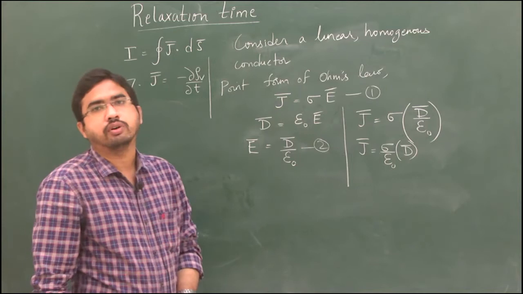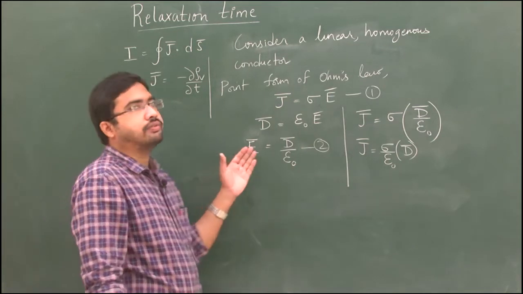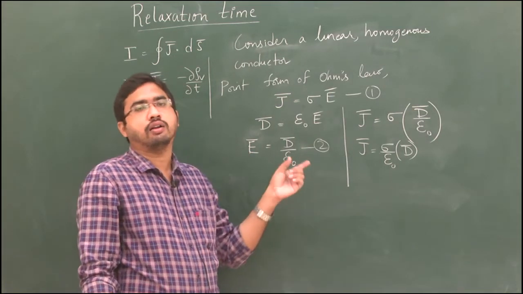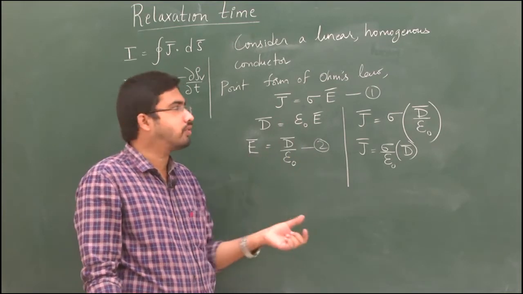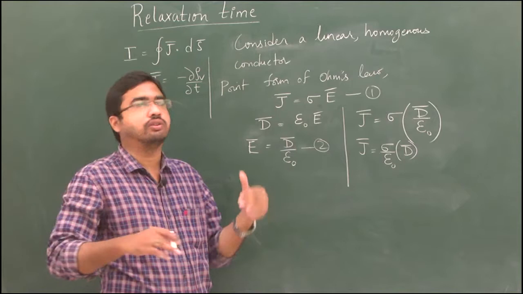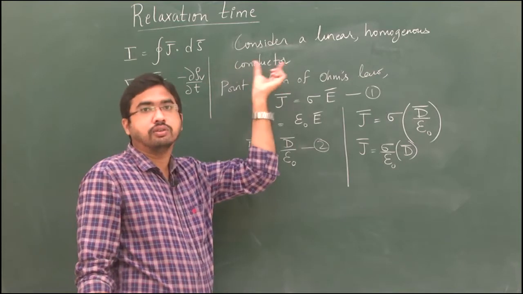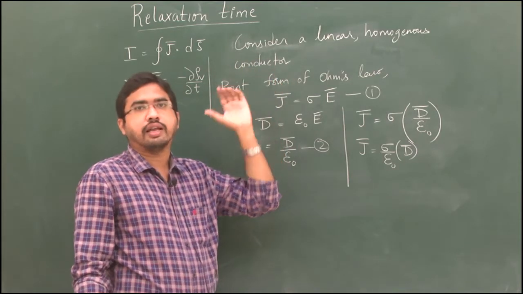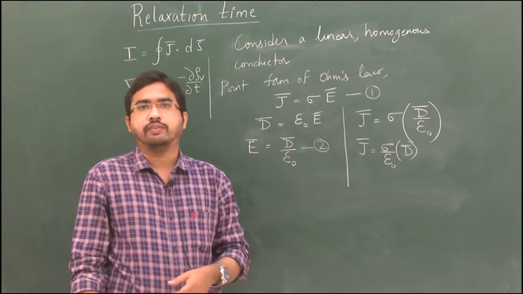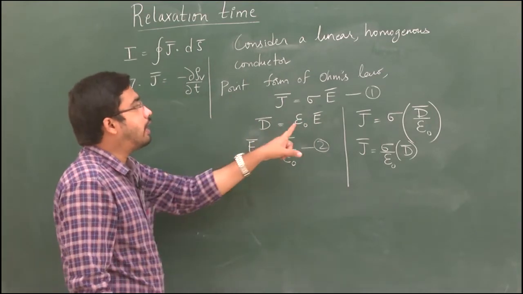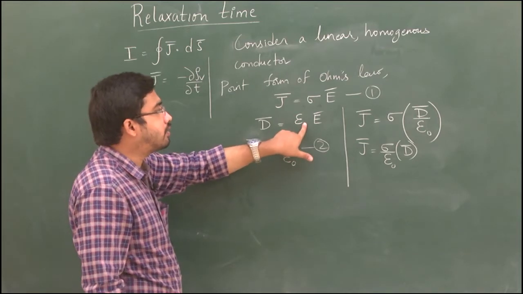Suppose you are taking free space, then the epsilon naught value is fixed: 8.85 into 10 power minus 12. Suppose you are considering a good medium, here a good conductor. A conductor like copper or aluminum will have its own relative permittivity. So instead of epsilon naught, we should take epsilon here.